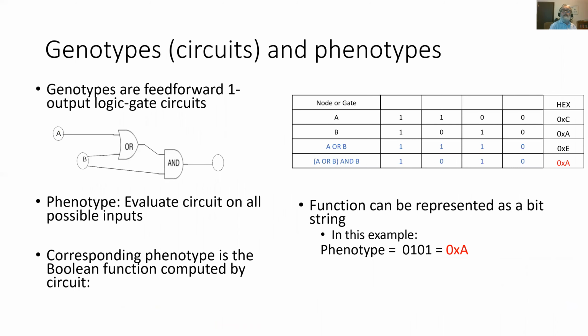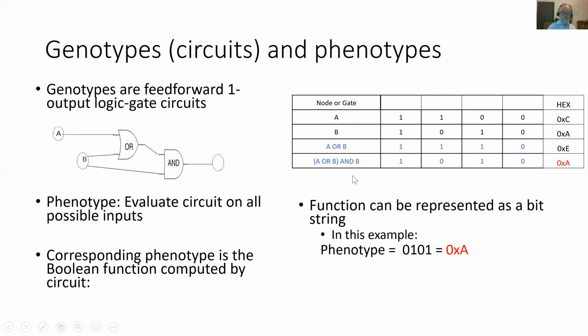So what do we mean by phenotypes here? Phenotype is the Boolean function computed by the circuit over all possible combinations of inputs. So in the table, we have one column for each combination of inputs, and we compute the output of the circuit for each of those columns. And the bottom row, the result, is the phenotype, which we'll represent as hexadecimal, in this case 0xa.